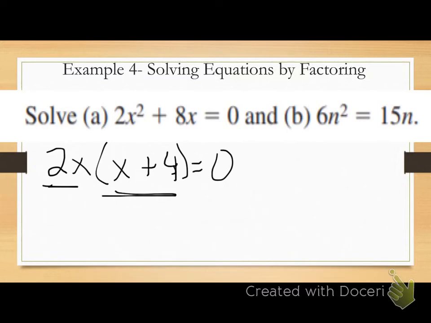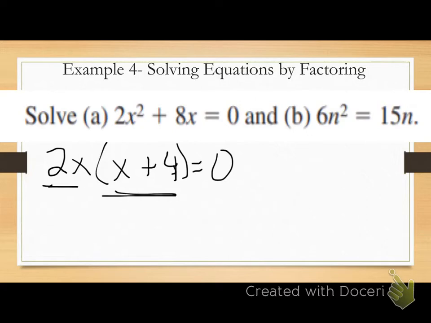Right? So based on anything times 0 equaling 0, what does one of these things need to be? 0, right? That's what my zero product property says. If two things are being multiplied and I know they equal 0, I know one of them must equal 0, correct?